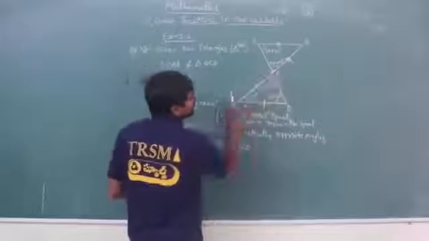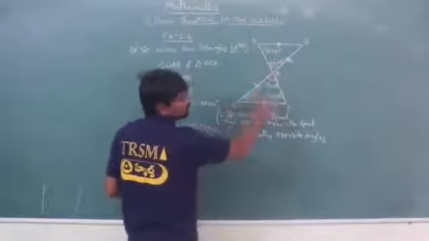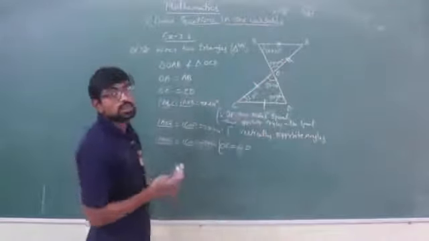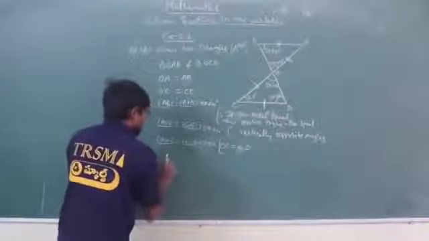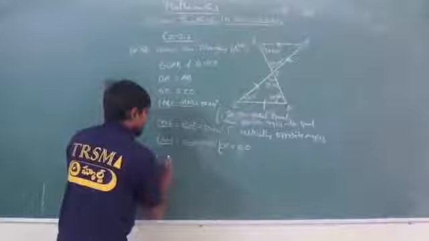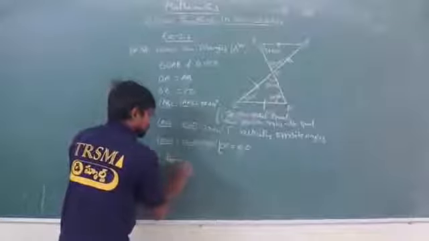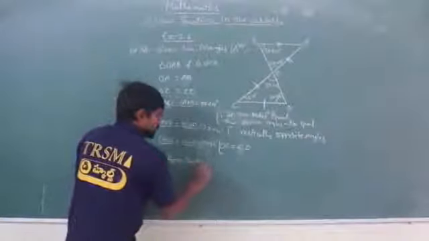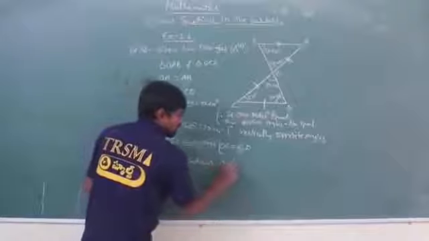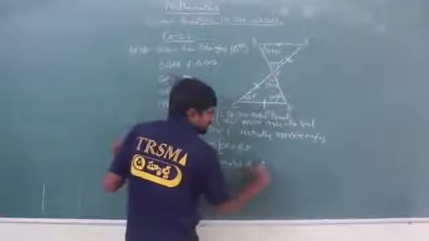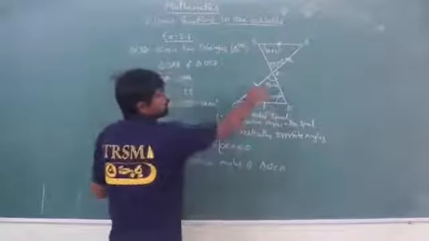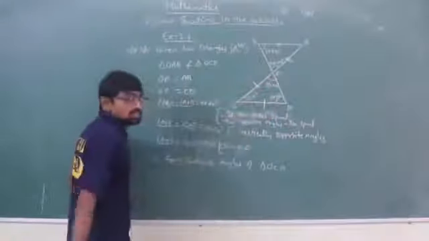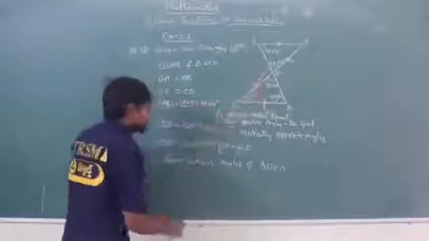Now here clearly we are getting three angles of this triangle. So the sum of interior angles of a triangle is 180 degrees. So therefore, from the interior angles of triangle OCD, what do we have? All the three angles, the sum of all three angles is equal to 180 degrees.